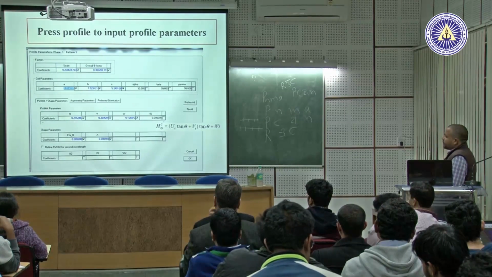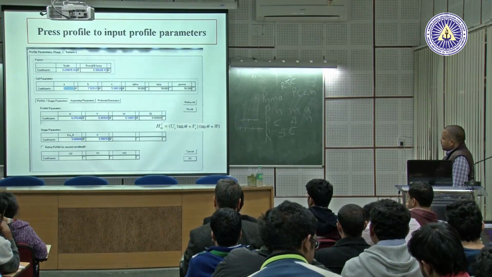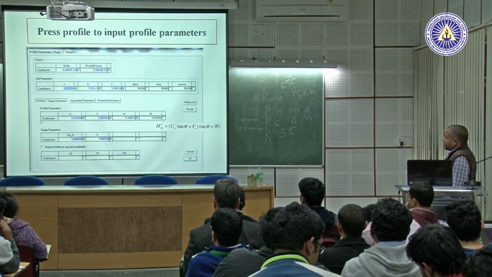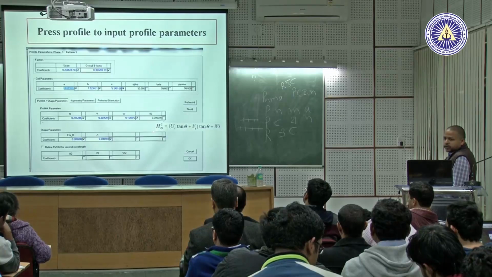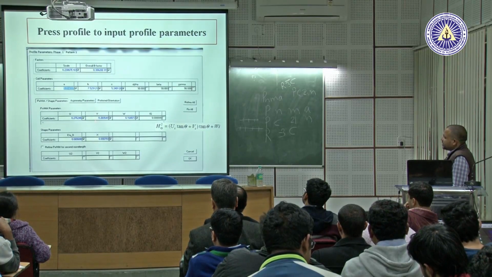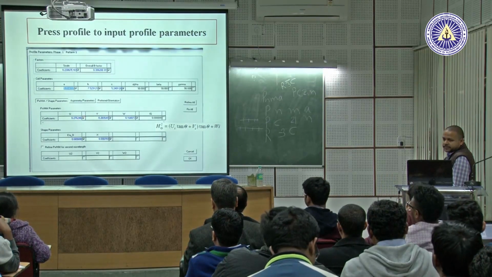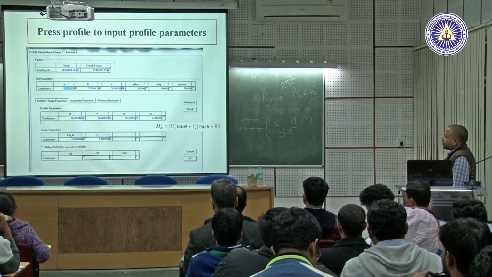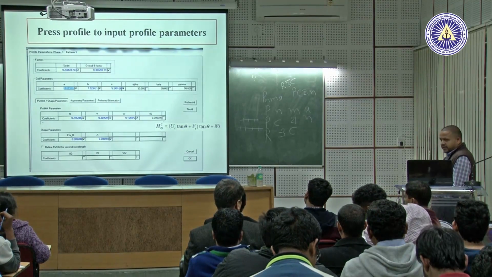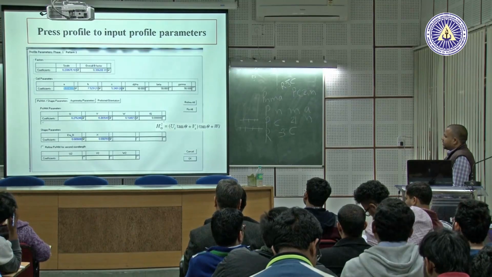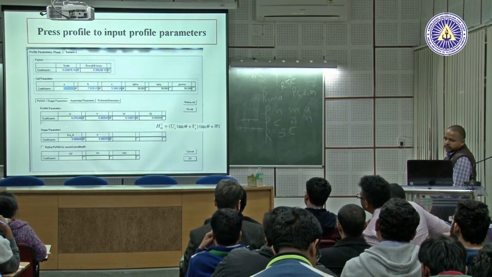Then the full width half maxima parameters: the U, V, W are related to the full width half maxima square here. The condition is that V should always be negative. During the refinement, or after the refinement, you should check whether this is negative or not.